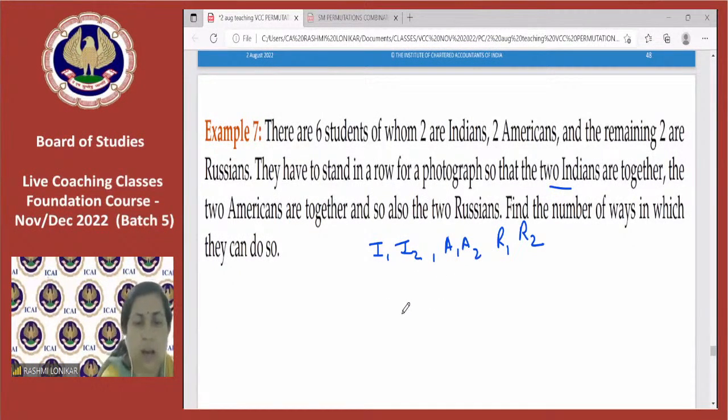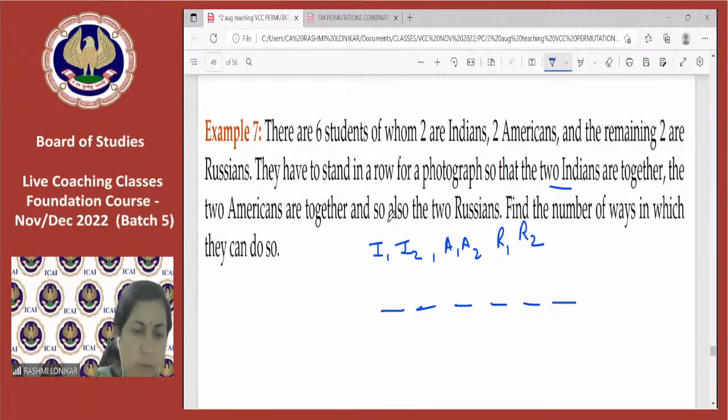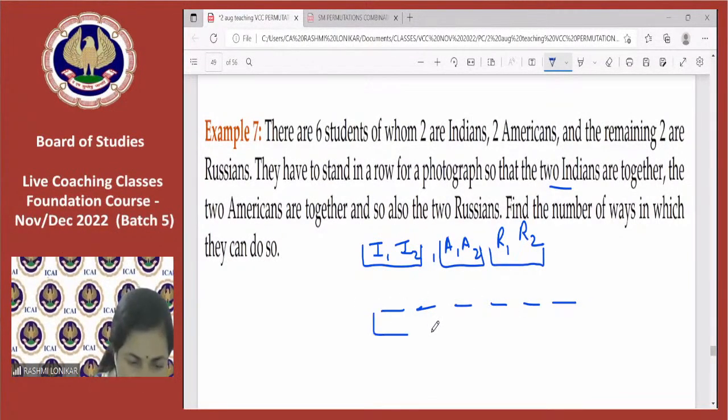And of these, what are the places? 1, 2, 3, 4, 5, 6. But these have to be together. This is 1, this is 2, and this is 3. So the places also have to be clubbed. I can have somebody like this, or together like this, or together like this.